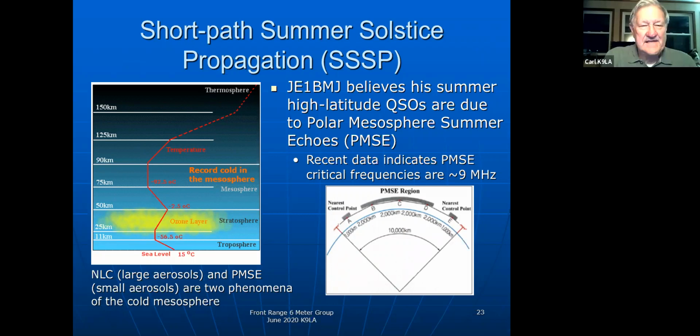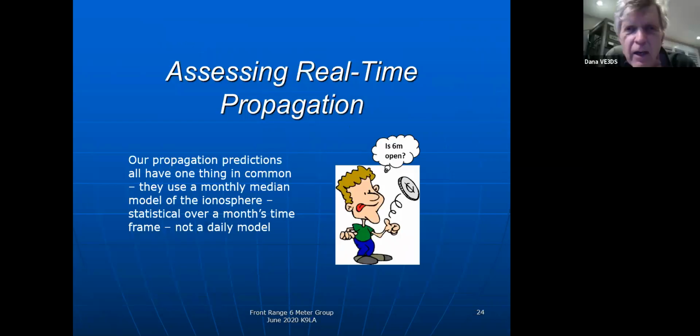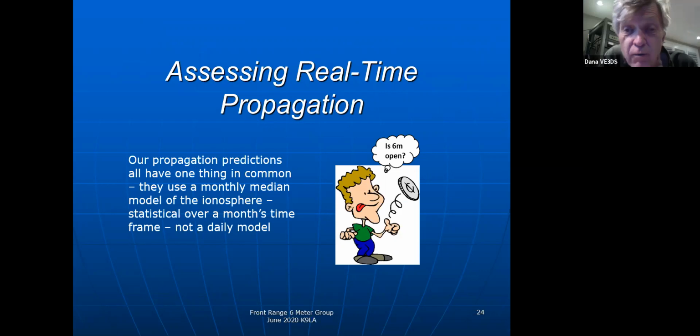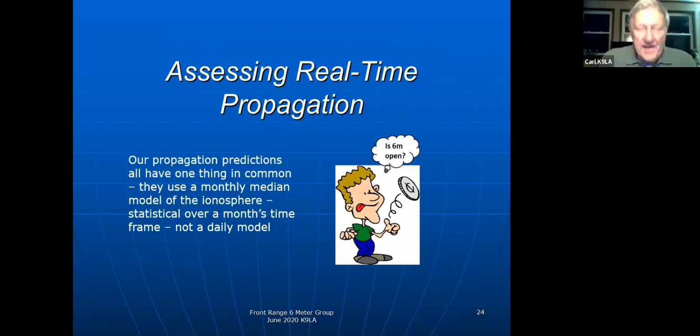Yeah, Carl. Yes. The other day I worked TT8SN in Chad in Africa on 6 meters, and he was about 9,400 kilometers. So yeah, that mechanism may... You probably had sporadic E. How high in latitude did that path go?